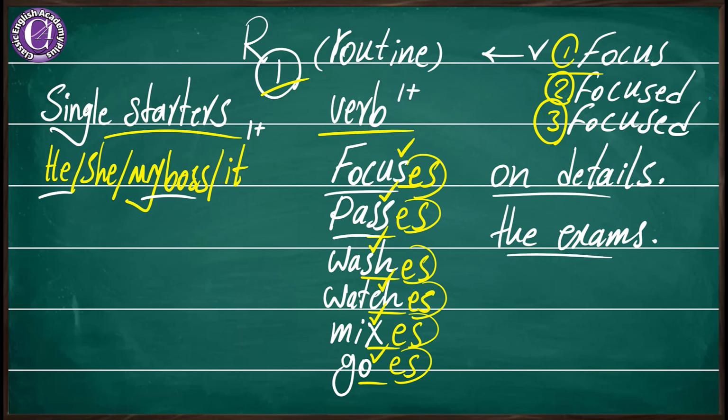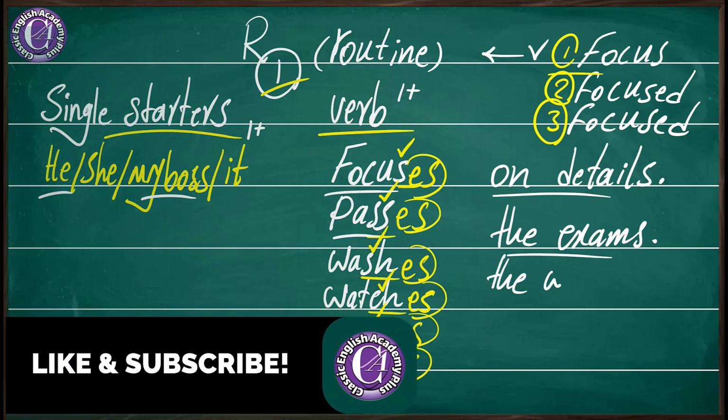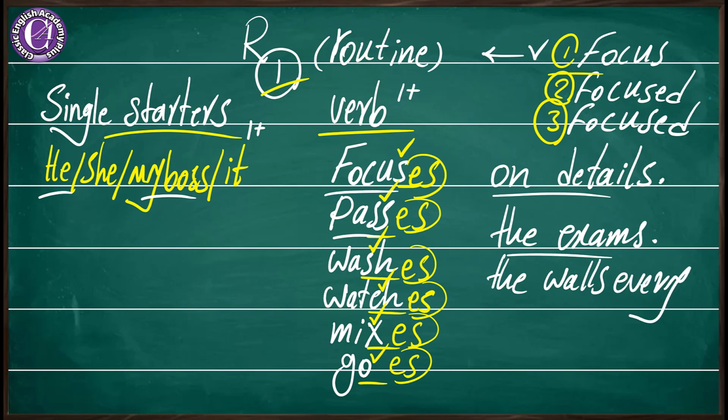It means it is very natural for him, and he does everything perfectly. She washes the walls every month. Again, we are talking about something that happens all the time, maybe once a month, for instance, or once a week.